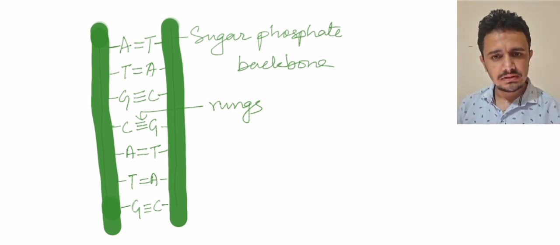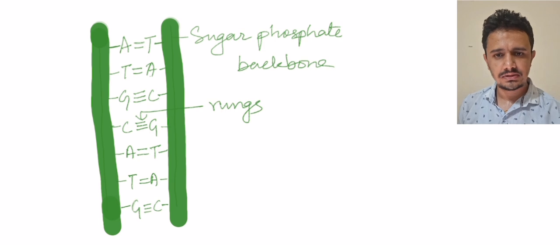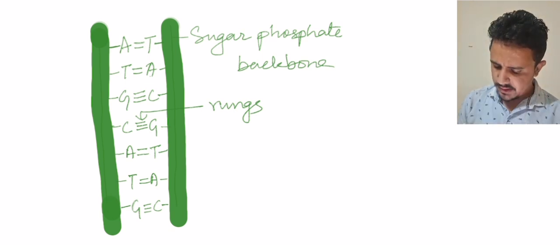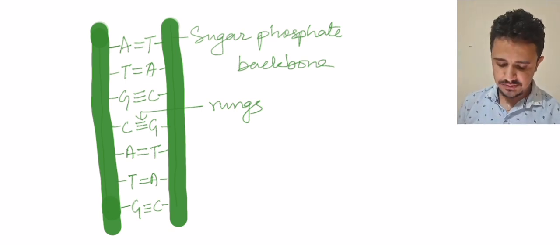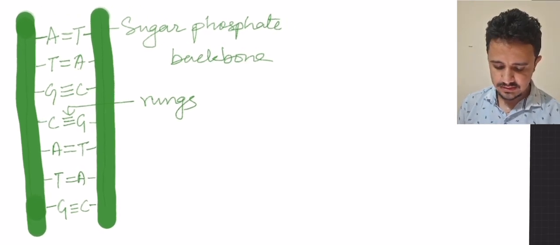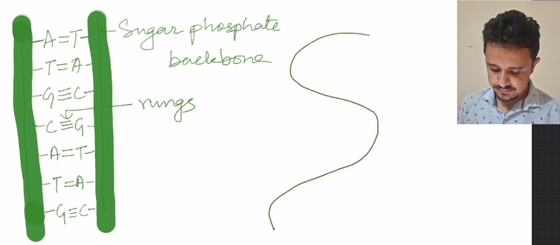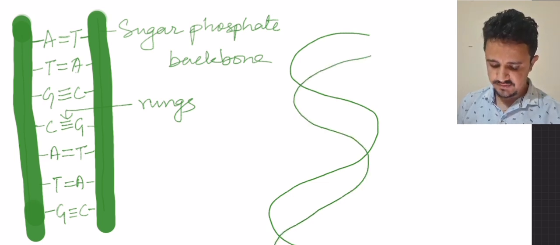Okay, now how does this actually look in 3D space? It is not a simple linear structure, not a plane. DNA is a helical structure. So if I have to draw a helical structure, let me draw it here. So a helical structure will look something like this. Yes.